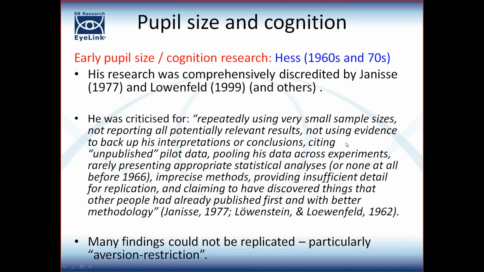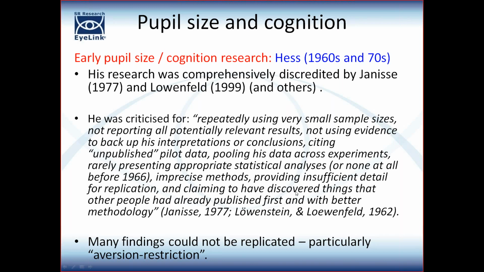However, and this is possibly why pupillometry suffered a decline after Hess, his research was, at the time, very comprehensively discredited, most notably by Janisse and Lowenfeld. This is a quote, I think, from Janisse, who says he was criticized for repeatedly using very small sample sizes, not reporting all potentially relevant results, not using controls. It's an absolute catalogue of all of the things you shouldn't do.